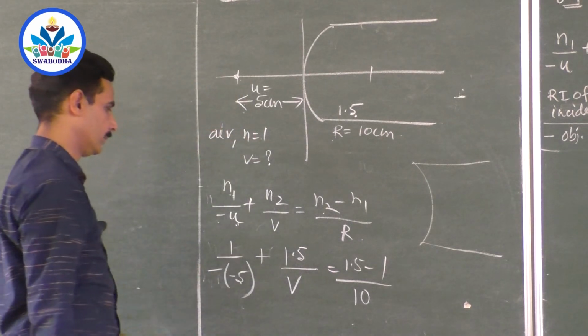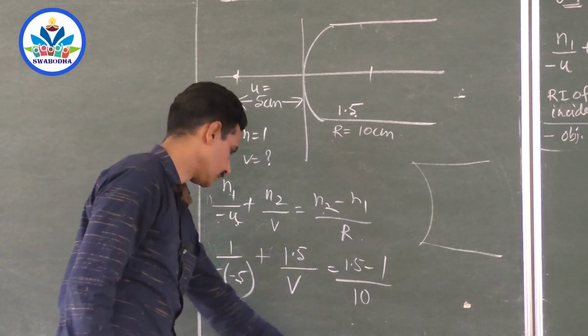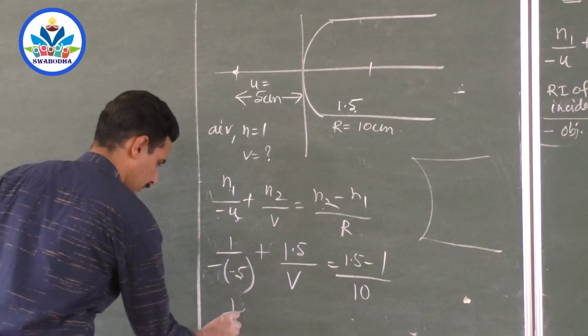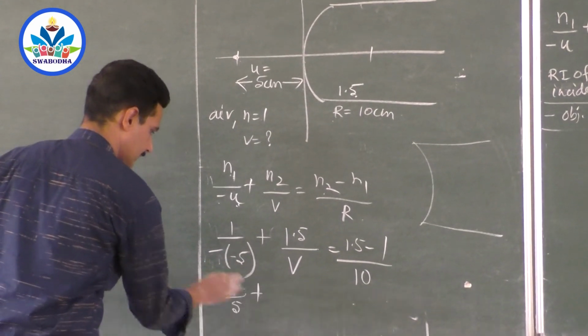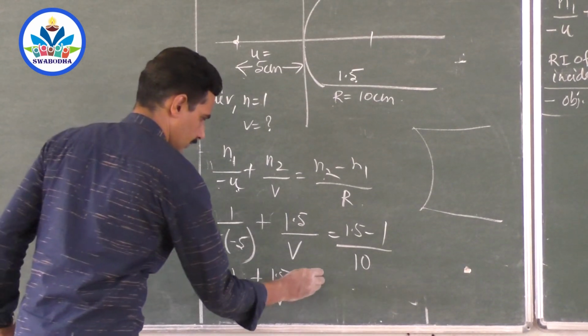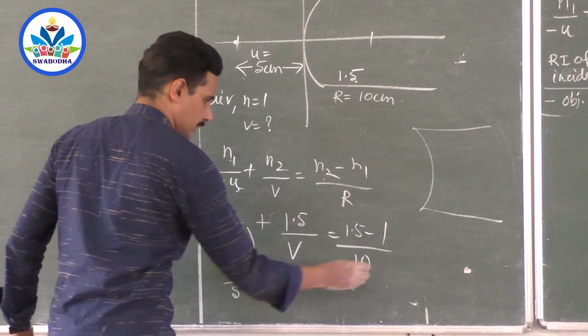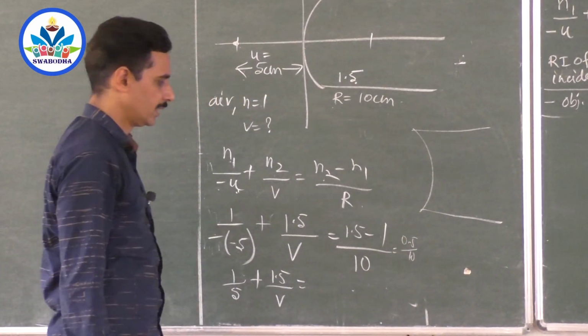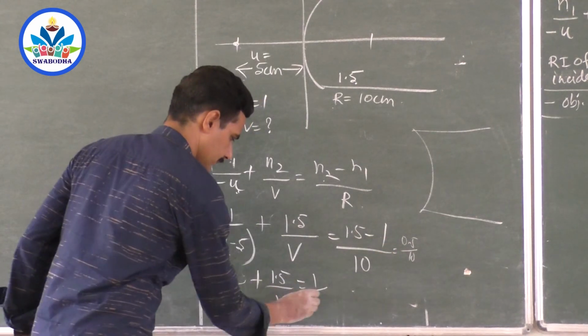You have to solve this now. So what is the answer? This is 1 by 5, or okay, I will write one more step: 1 by 5 plus, because minus of minus, 1.5 by image distance is equal to 0.5 by 10. You see, this is 0.5 by 10. Shall I write 0.5 as half? If it is half, it is 1 by 20. Am I right?